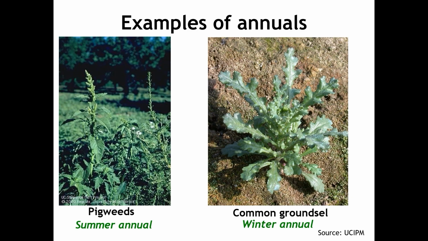Here is an example of two common annuals. Pigweed, which we see commonly in agricultural systems, is a summer annual. You would see them in the summer, whereas common groundsel is a winter annual, and you usually see them flowering during the winter and spring months. Then we have the biennials.